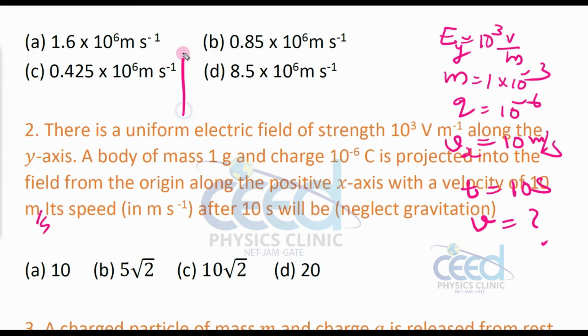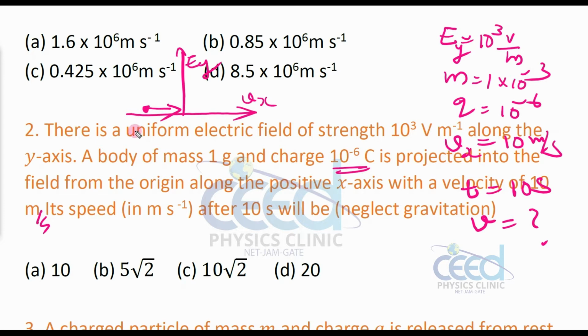Suppose here you have an electric field in the y direction, but the particle is moving along the x-axis with a velocity vx. Now if a positive charge, that is 10 raised to minus 6 coulomb, enters this electric field region, what would you expect?